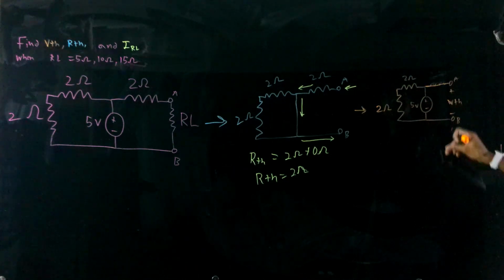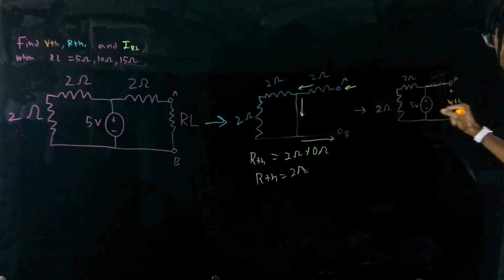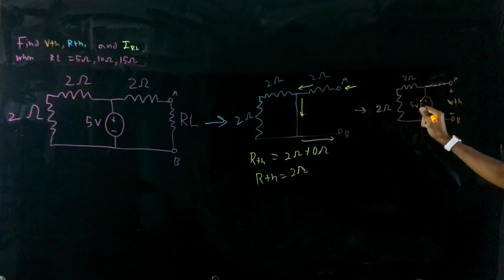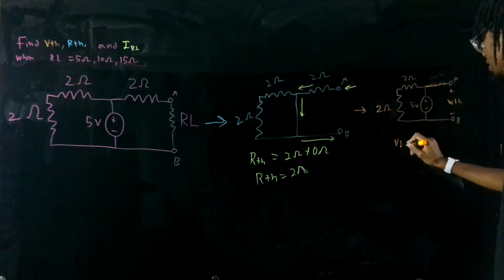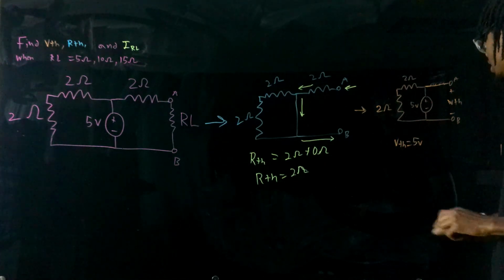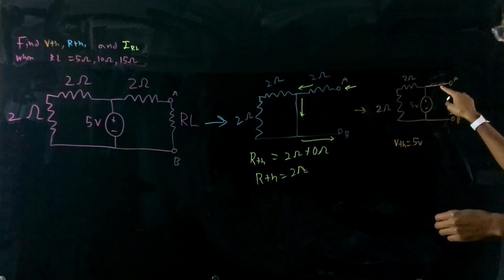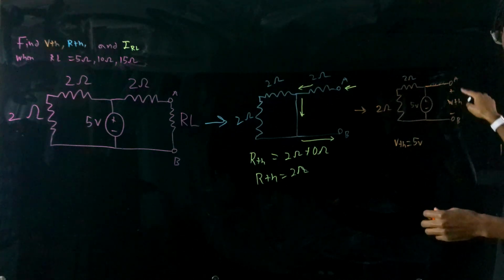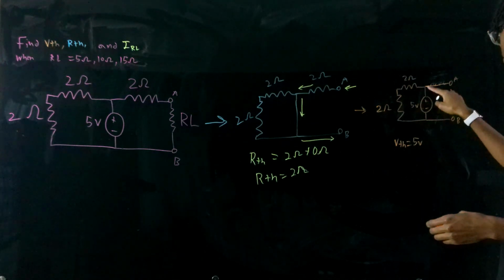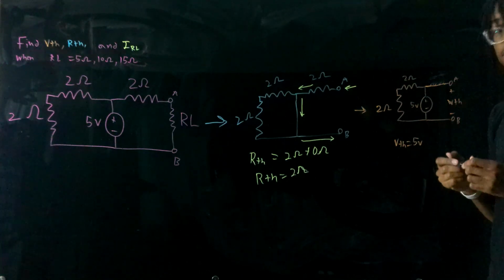And because of this, if the current or voltage wanted to get from A to B, it would be equal to the 5 volts. So VTH is equal to 5 volts. And this is also true because once you short circuit the resistance, A and B is parallel with the nodes on top of the 5 volt source.